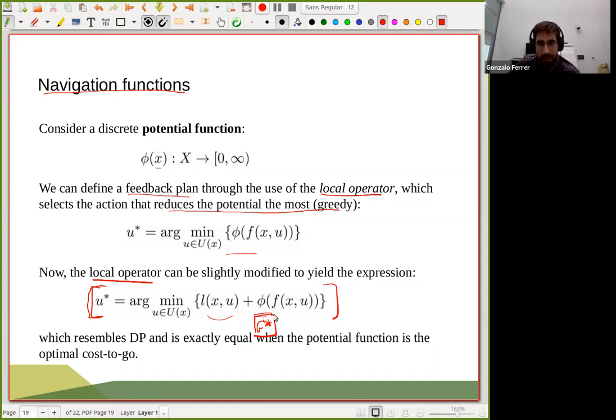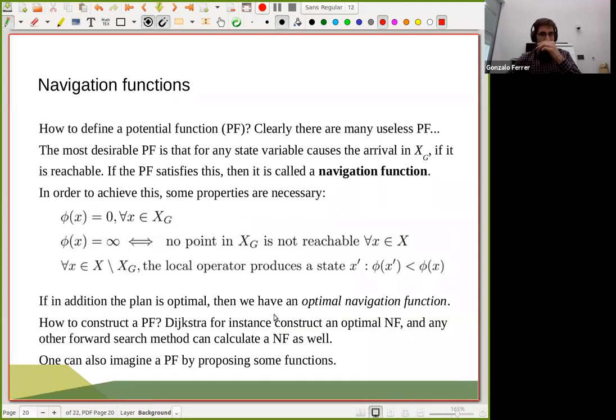And still what we want is to have a plan. Remember that here we were discussing optimality, but a plan, as we described at the beginning, is just a sequence of actions that takes us to the goal state.